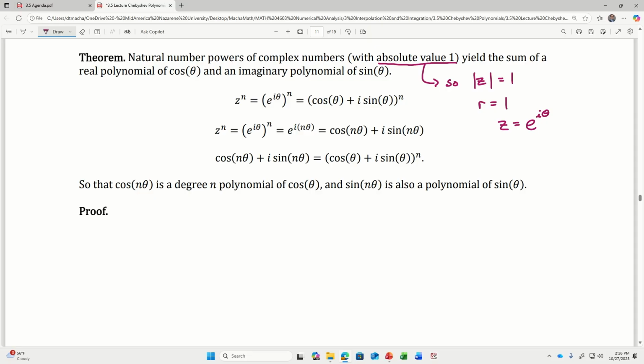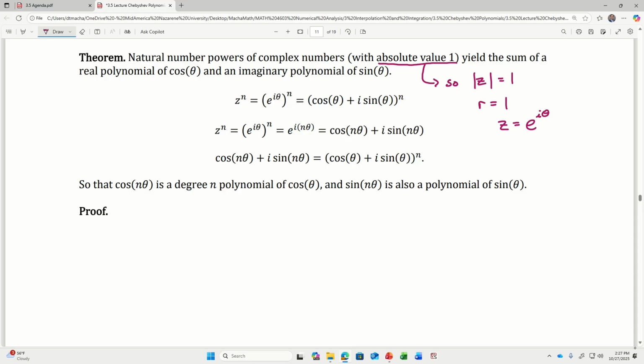Raised to the power n. Alternatively, I could use that property of exponents to bring the n down and make it e to the power i times n theta. And then Euler's formula applied to this looks like cosine of n theta plus i sine n theta. And these two things should be equal to each other, right? So we set those equal to each other.